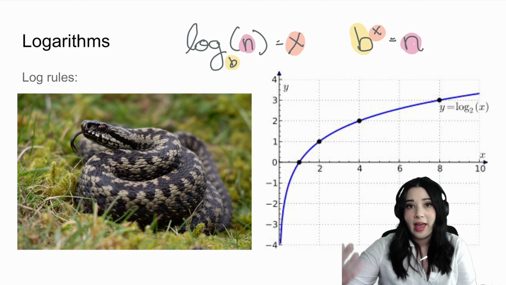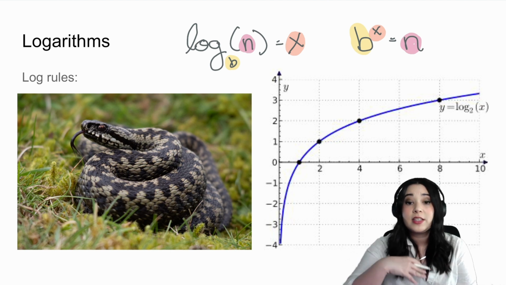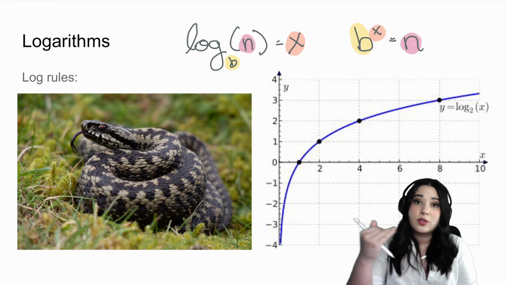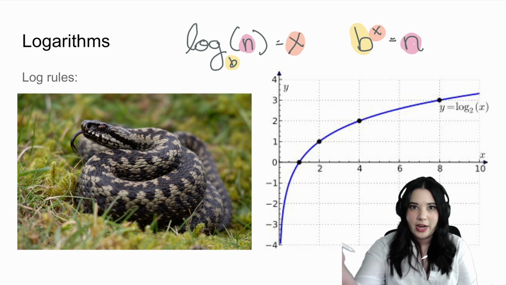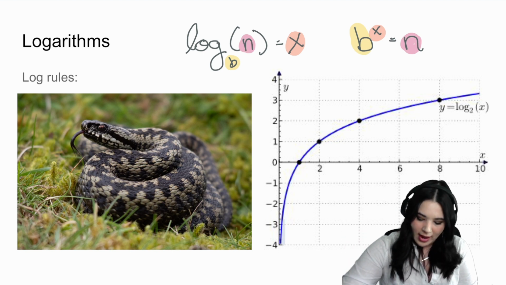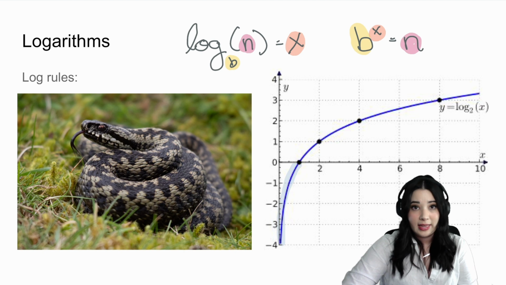order to get n? And one of the useful things about logarithms is that it takes positive numbers in, so those n's can be any positive number, and it actually transforms them to take up the entire number line, negative to positive. So you can see on this graph of log base 2 that any number between 0 and 1 will give us a negative number.